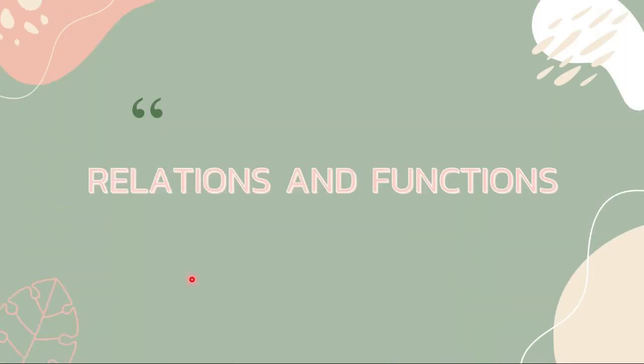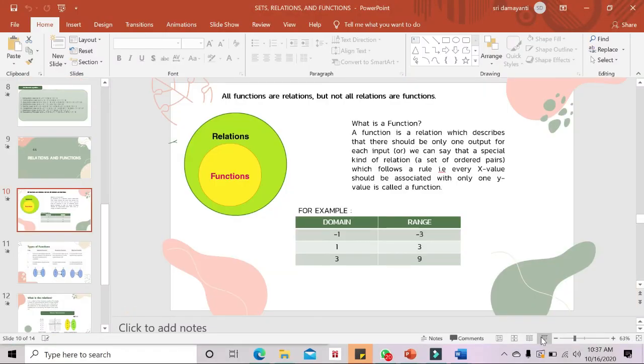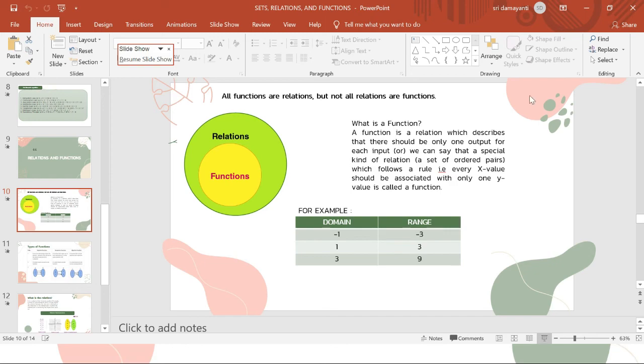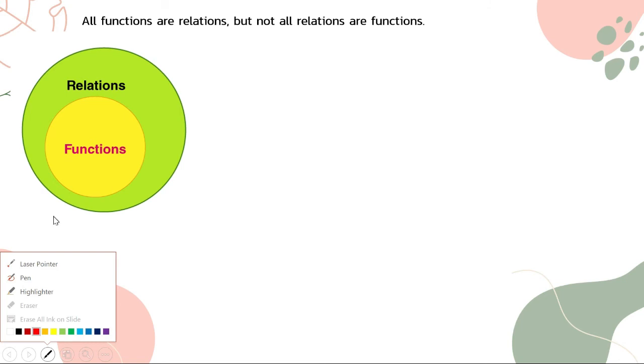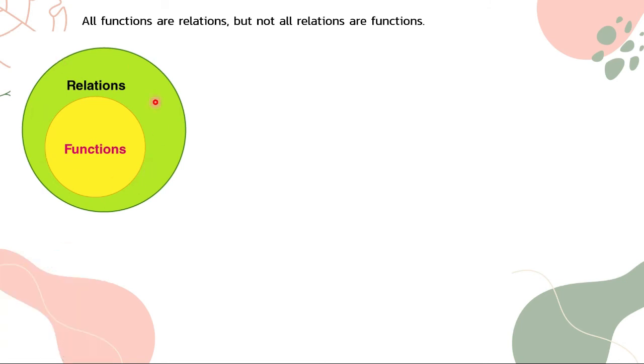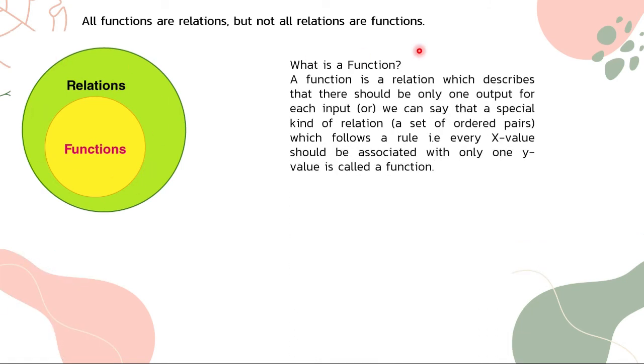Okay, now about relation and function. All functions are relations, but not all relations are functions. So you can see this picture. What is a function? A function is a relation which describes that there should be only one output for each input.